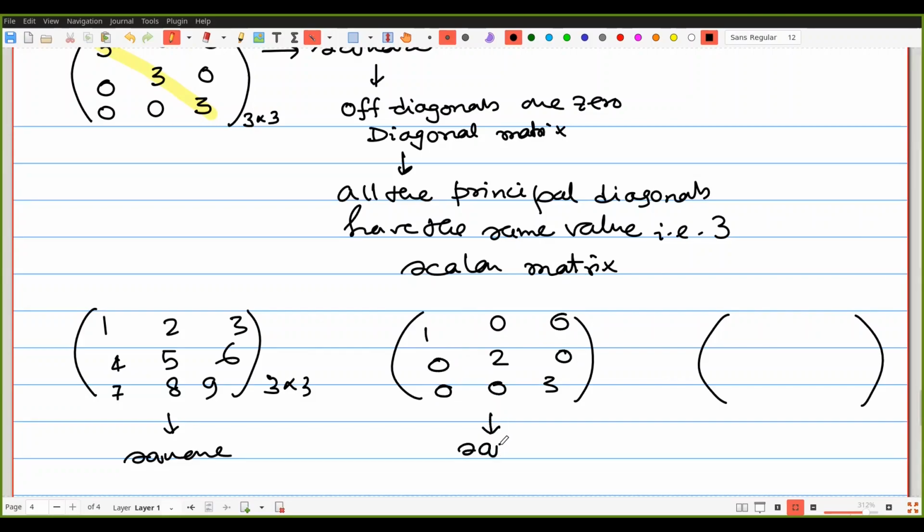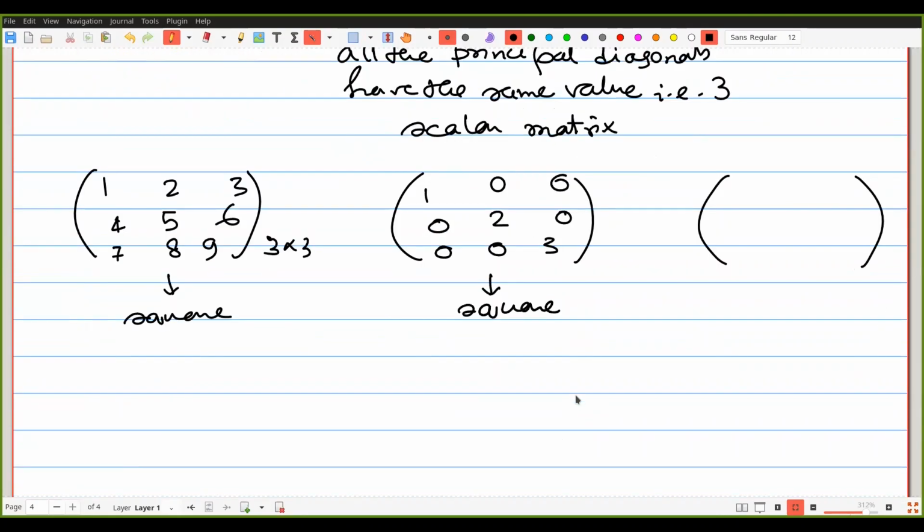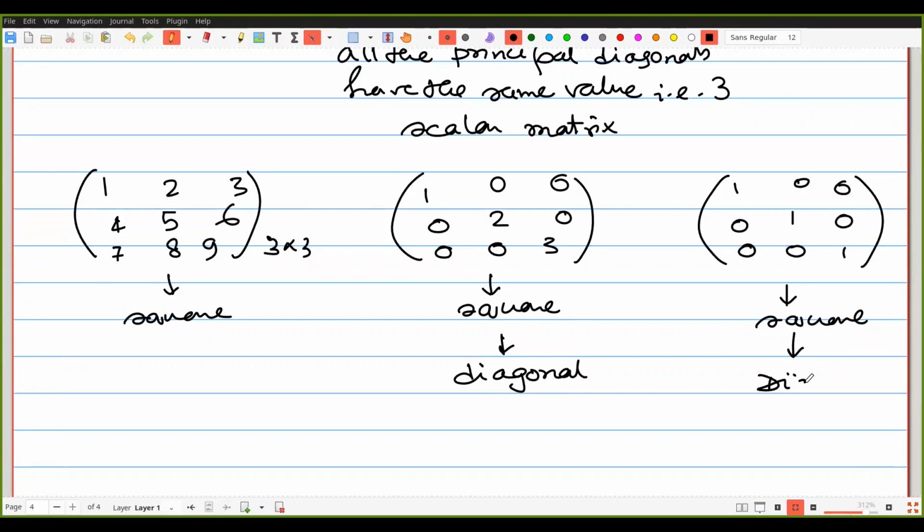It is a square matrix, and moreover, it is a diagonal matrix. The third one, 1, 1, 1, and 0, 0, 0, 0, 0, 0. It is 3 cross 3, a square matrix, a diagonal matrix. Moreover, all the principal diagonal values are equal to 1. That means same. So it is also a scalar matrix. Is that clear now? Yes, sir.